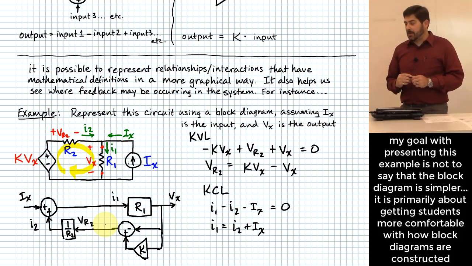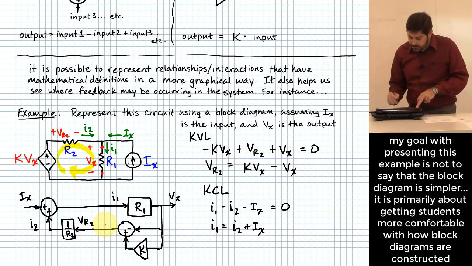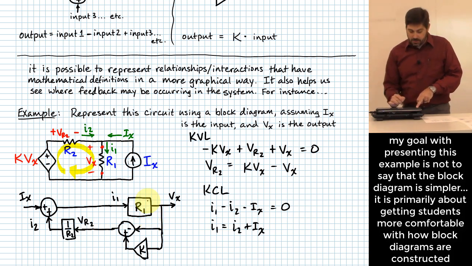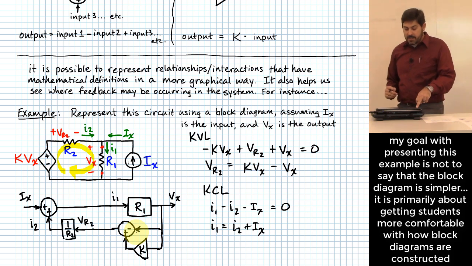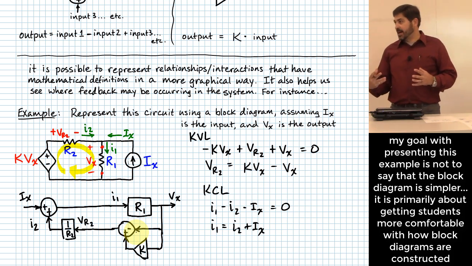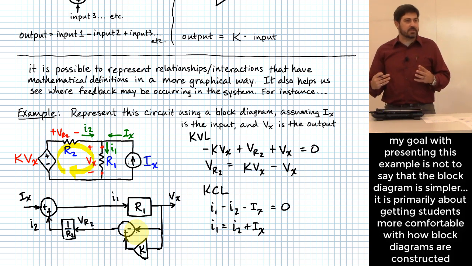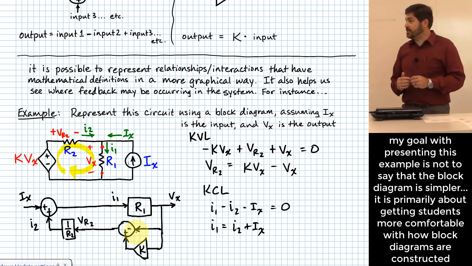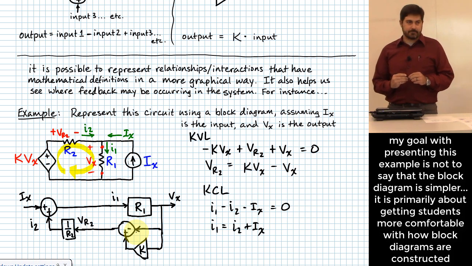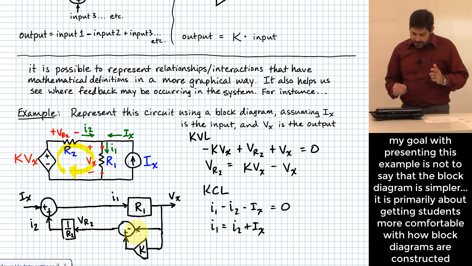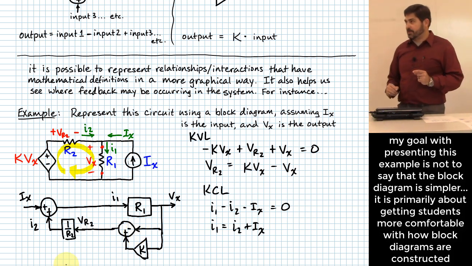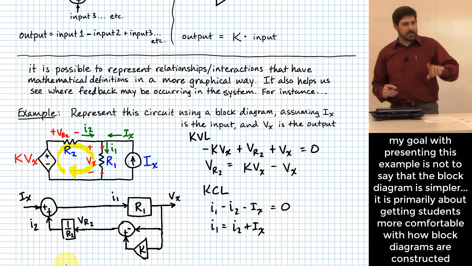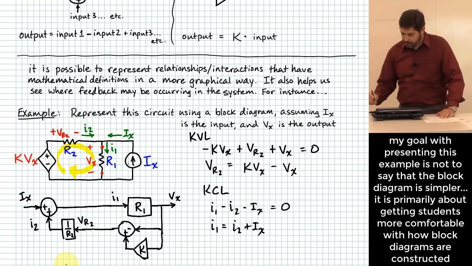So I'm not actually saying there's that much advantage to doing this. More or less, my goal with showing you this little problem is to get you to see how block diagrams work, right? That's more or less my goal. It's not so much that you're going to be solving a bunch of problems in this course using this method. Okay, and I do have a bigger goal out of all of this as well, but it takes me a little bit of scaffolding to get there, so thank you for your patience.